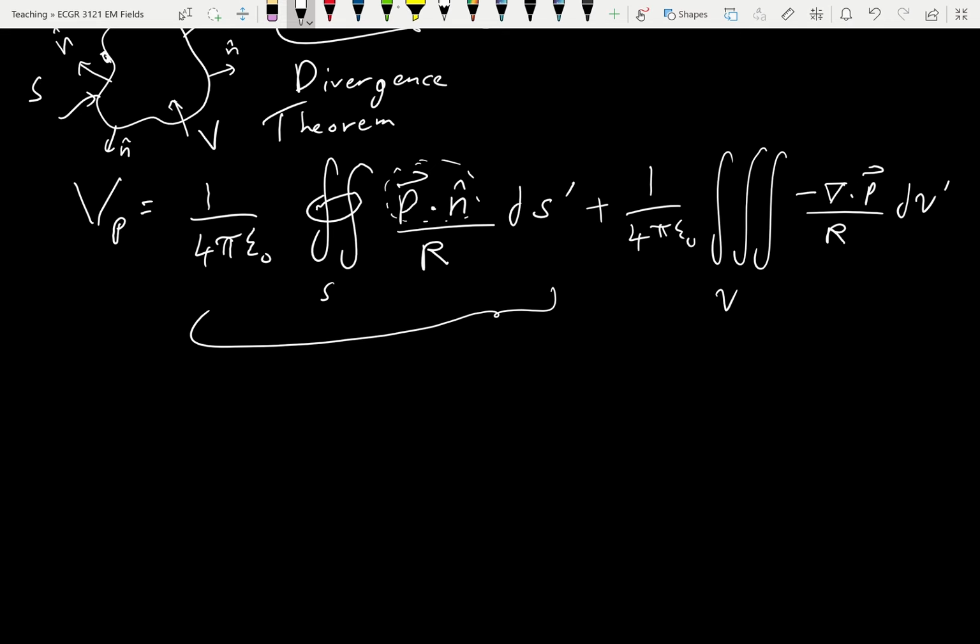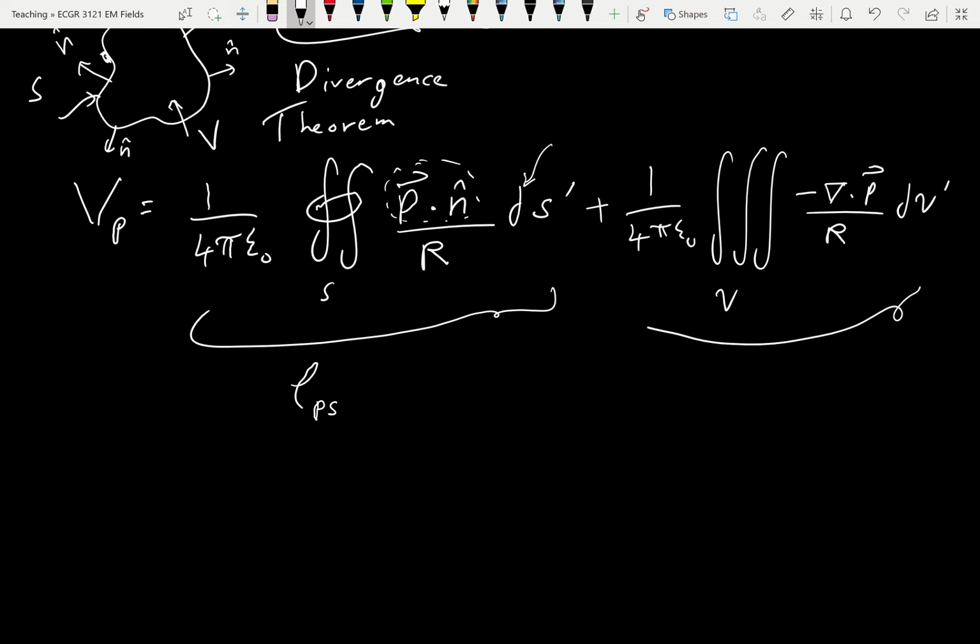And we know what the voltage is due to a surface charge density. You take the surface charge density multiplied by a surface element, divided by R, and then you integrate over the surface. We did that before. So this looks like a voltage that arises from a surface charge density due to polarization.